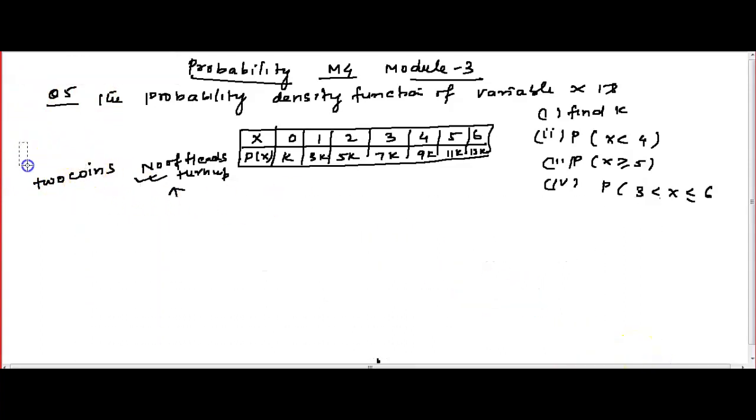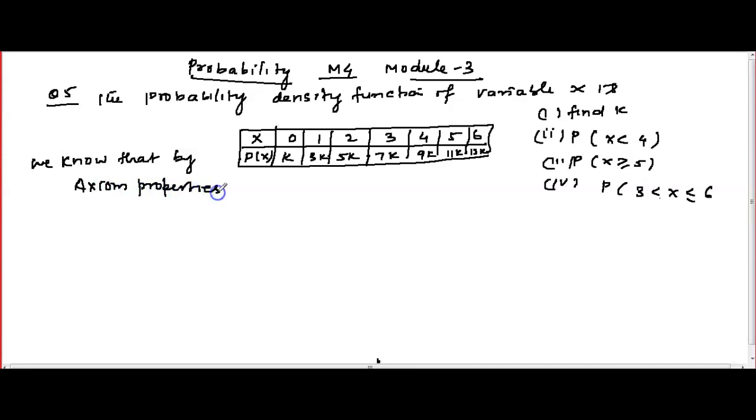So you understand what x means here. X is some random variable, and its respective probabilities are given as k, 3k, 5k, 7k, and so on. By the axiom property, the sum of all probability values is equal to 1.